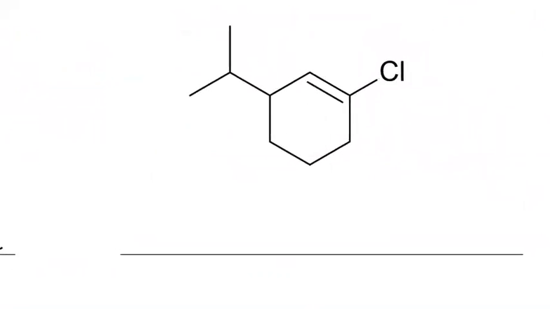So going back to this example, our longest parent chain is a cyclohexene. Okay. When we do the numbering, in this case, we have to go counterclockwise. 1, 2, 3, 4, 5, 6.